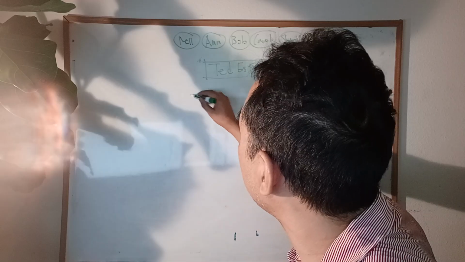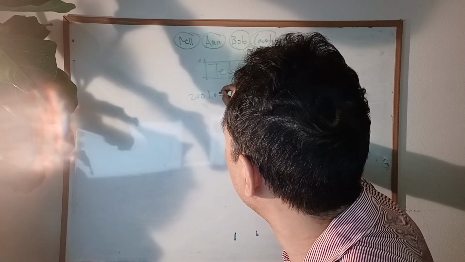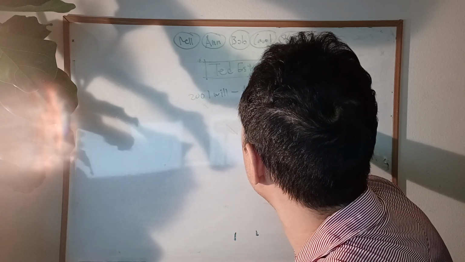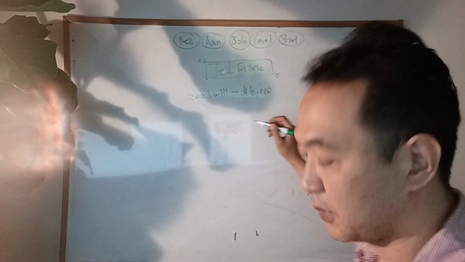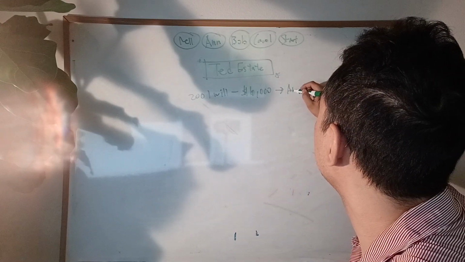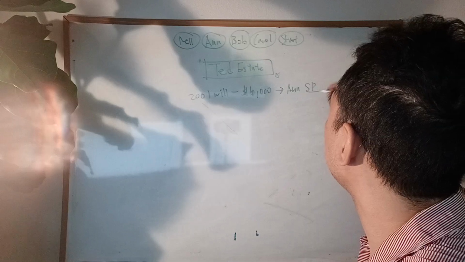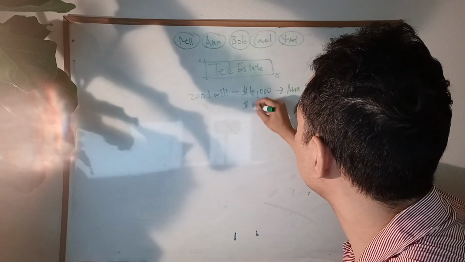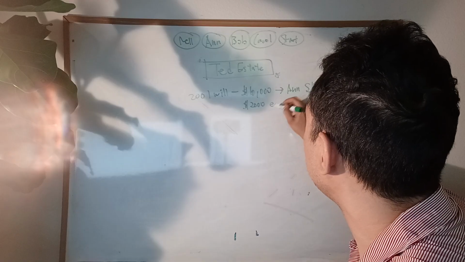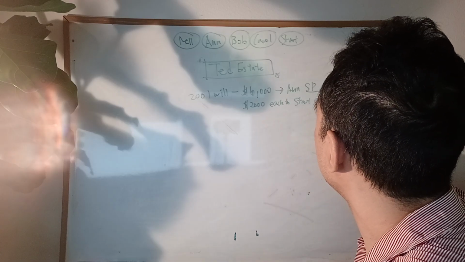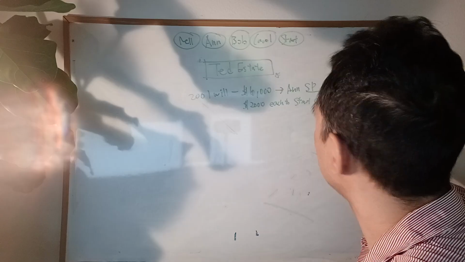Okay, so we have a 2001 will, right? 10,000 to the daughter Anne from separate property, 2,000 each to Start employees, right?